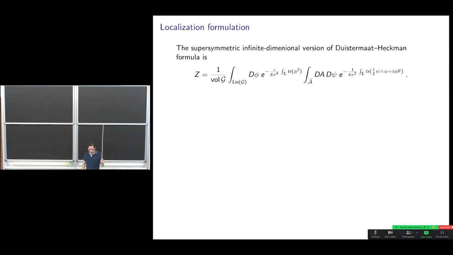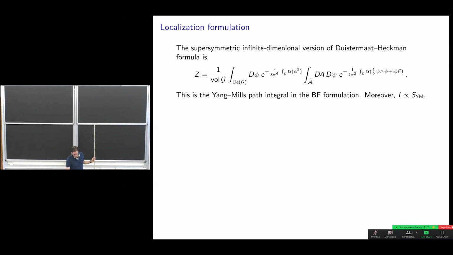Moreover, sorry, I forgot to say that this function I that I was telling you earlier, which is just mu squared, is now just the Yang-Mills action.